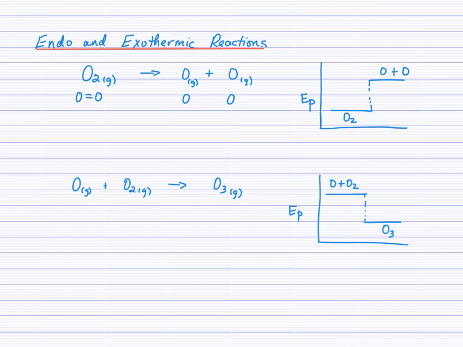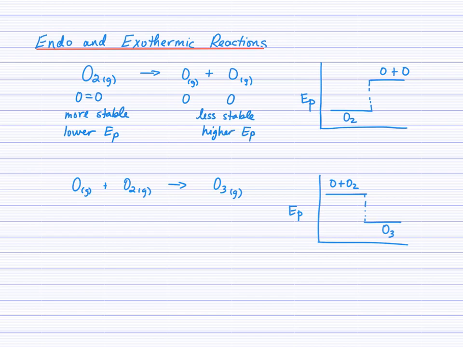So definitely we know from our study of covalent bonding that the O2 molecule is more stable than the free oxygen atoms. The octet of each atom is satisfied. In chemistry, when a molecule is more stable, it has lower potential energy. Those free oxygen atoms are definitely less stable, and they have higher potential energy.